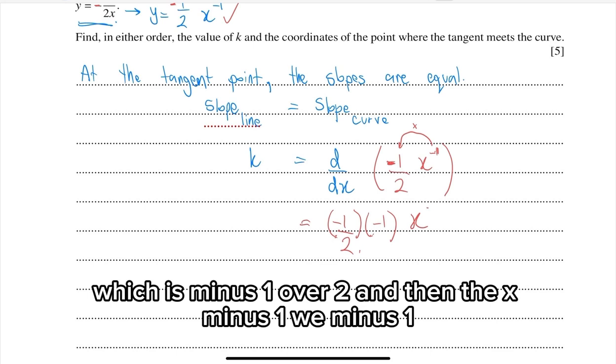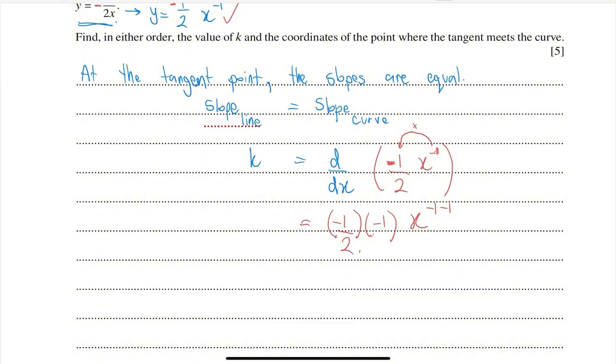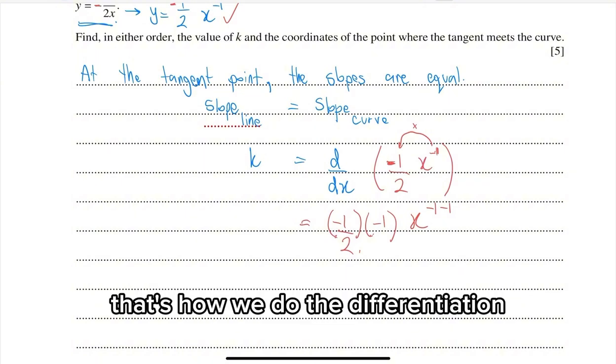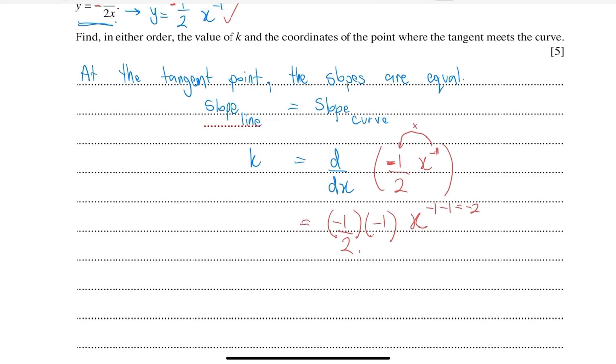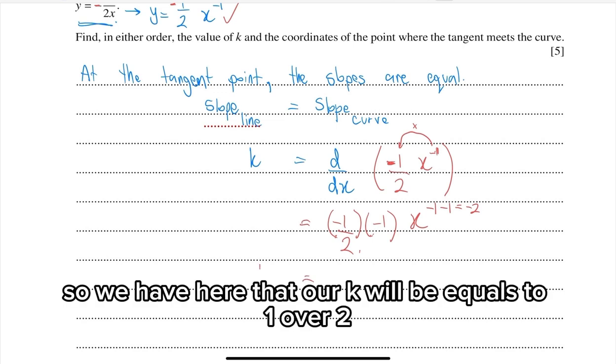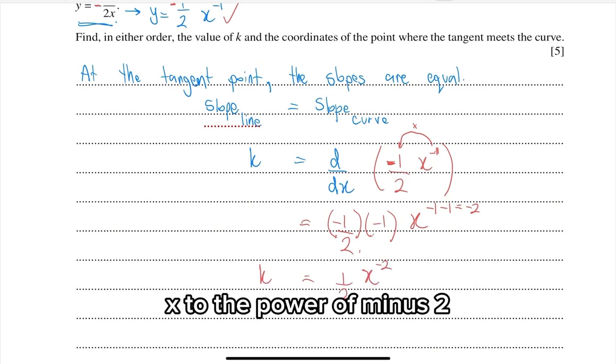And then for the x to the power of minus 1, we subtract 1 from the power. That's how we do the differentiation. And minus 1 minus 1 would be minus 2. So we have here that our k will be equal to 1 over 2 x to the power of minus 2.